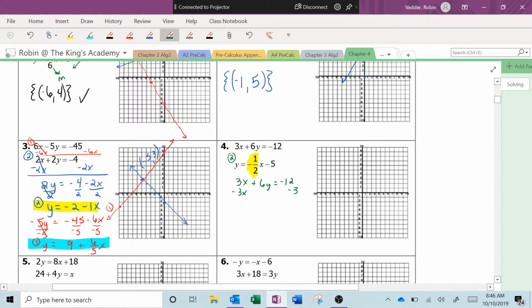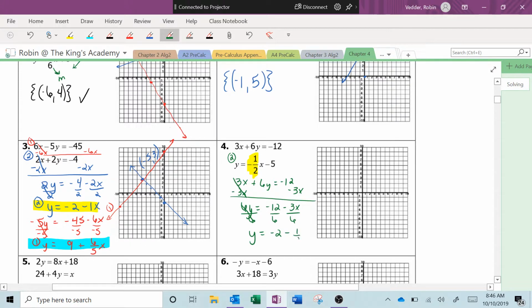Okay, what's the next step? Divide, good. Again, guys, we have to divide everything to keep our equation in balance. And we get y equals -2 minus, what's 3/6 reduced to?